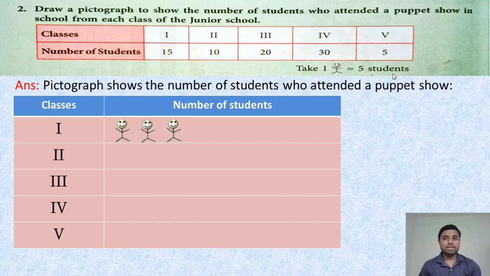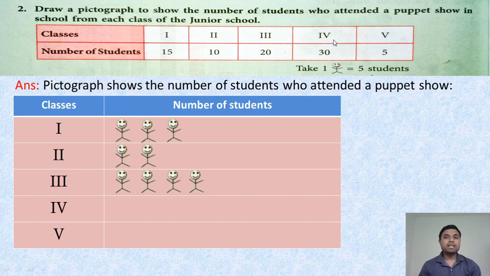Here 5 students, so you have to divide it by 3. Next class 2, 10 students. So for 10 students, draw 1, 5, again 1, 5 plus 5, 10. Class 3, 20. So 1, 5, again 5, 10, again 5, 15, again 5, 20.